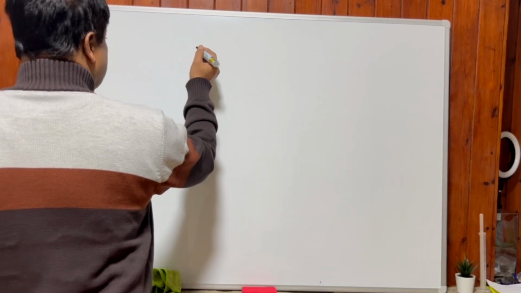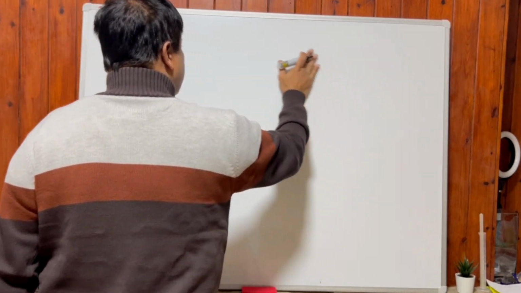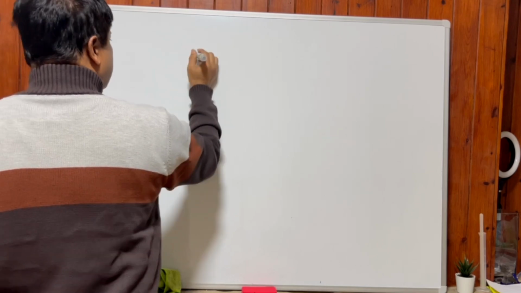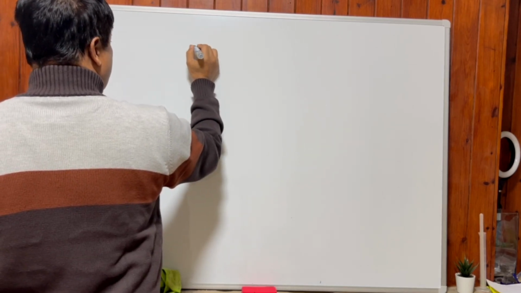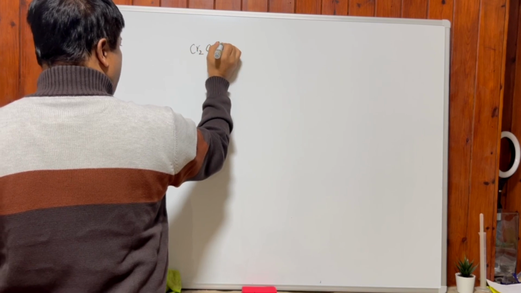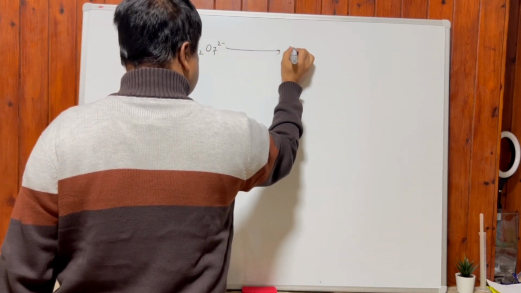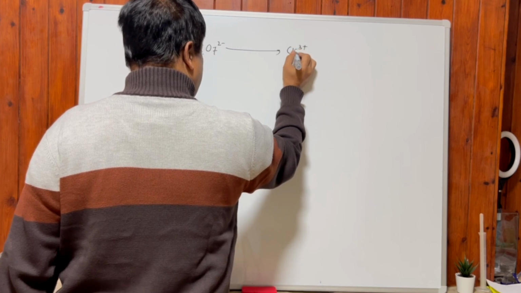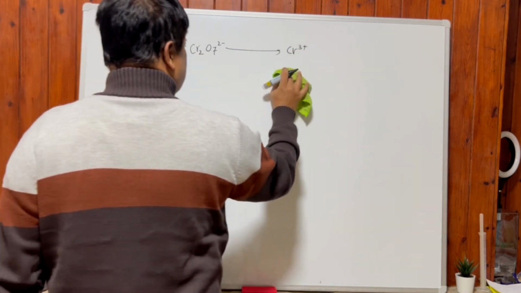Can we do one more example? Write down one more equation. First we will do the half equations. Potassium dichromate, Cr2O7 2- becomes Cr3+. This is not the V, guys, it's my handwriting.